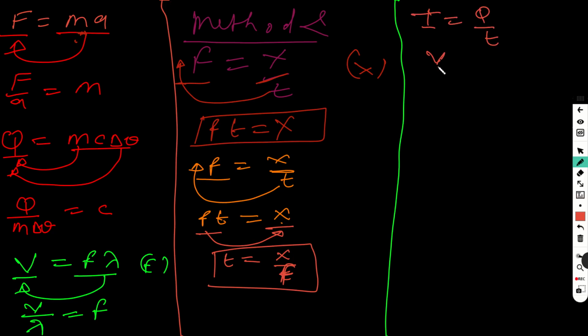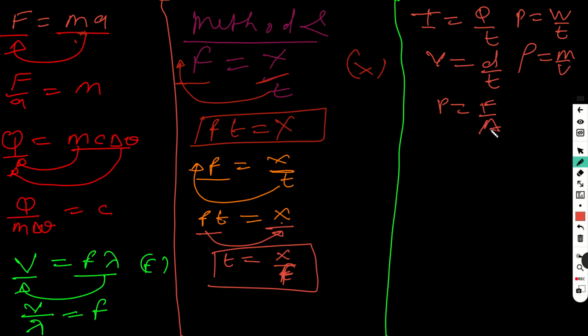We have equation like V is equal to D on T. We have equation like pressure is equal to force on area. We have equations like power is equal to work done on time. We have equations like density is equal to mass on volume. And they can ask you to look for any of these things.